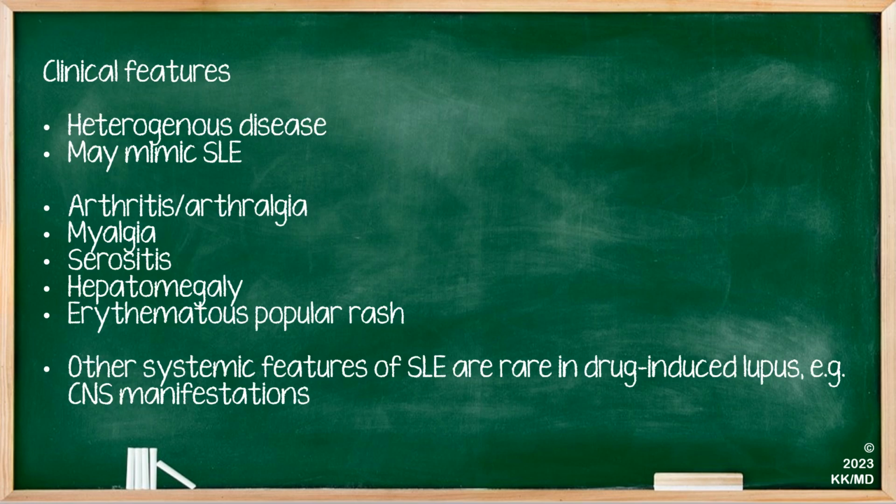As for its clinical features, it's quite a heterogeneous disease. It can be so severe that it could mimic a picture of SLE. You may see arthralgia, arthritis, myalgia, cervicitis, hepatomegaly, and an erythematous papular rash in drug-induced lupus.